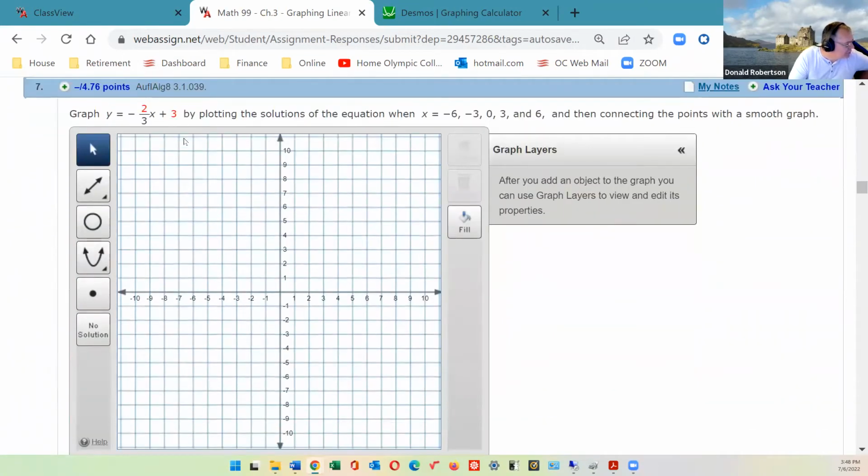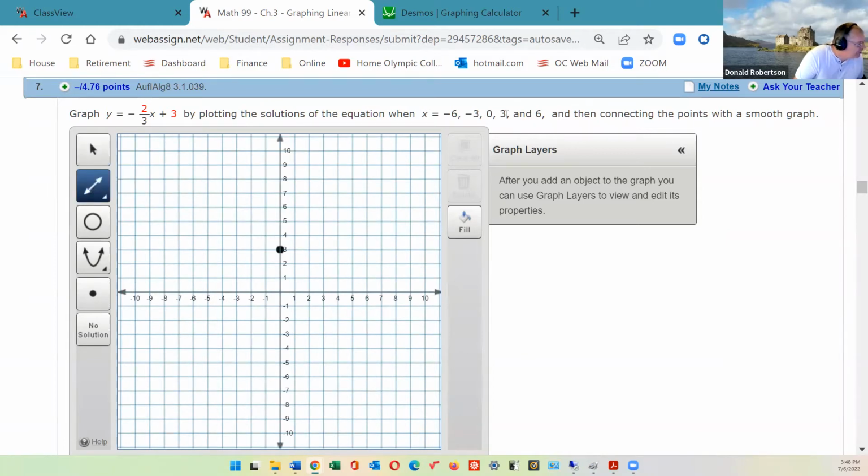Okay, let's pretend I was doing this one. Now, do you see that they're being really nice and telling you the x's to use? And have you noticed that they're all in the 3 times table? So I'm going to pick 0 because I want to just pick a couple of easy ones. If x is 0, y is 3. So that ends up being that point. Oops, first you click on it. It ends up being that point.